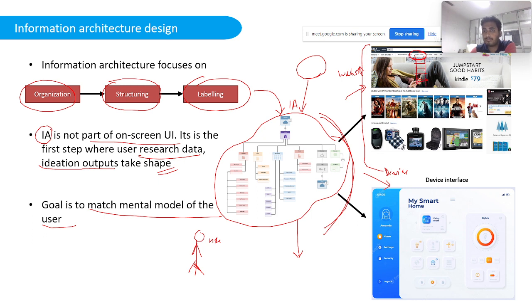Okay, so if we can match that, that means we have matched the mental model of the user. So deciding what the label should be, as well as what sort of contents will come under a label, is the purpose of the design, and that's why we design the information architecture.